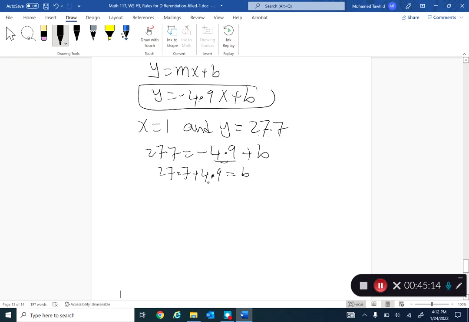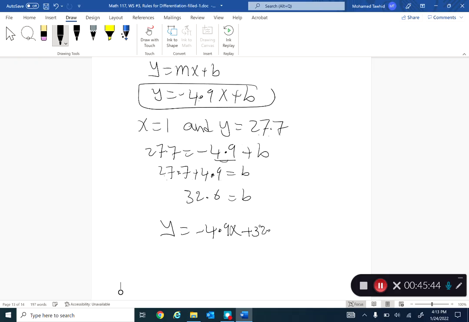I hope it will be correct. 4 with 27, you get 31, and 0.7 with 0.9, you get 1.6, so you get 32.6. That's your b. So what is the equation of the line? It should be m, which is negative 4.9x, plus b, which is 32.6, and that is our equation of the tangent line.